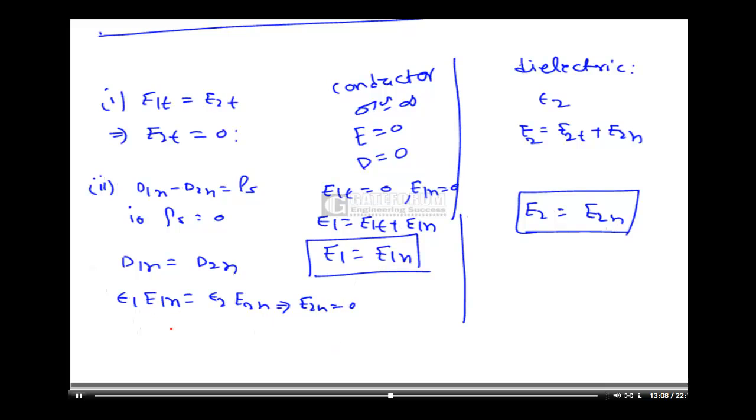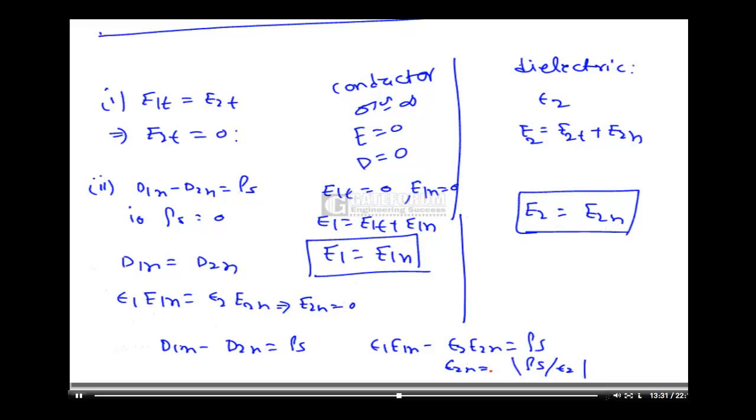Suppose if rho s is not equal to 0, then what happens? D1n minus D2n is equal to rho s. Epsilon 1 E1n minus epsilon 2 E2n is equal to rho s. E2n is equal to rho s by epsilon 2. We have to consider only magnitude.